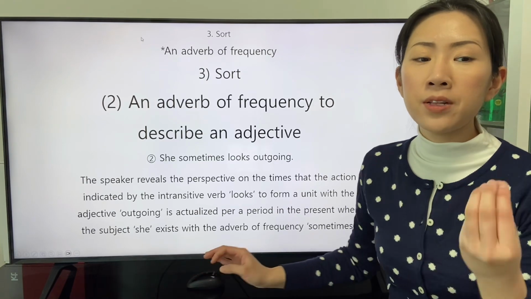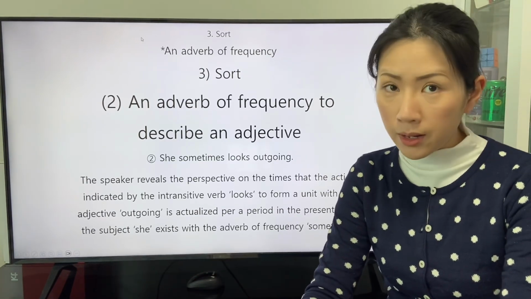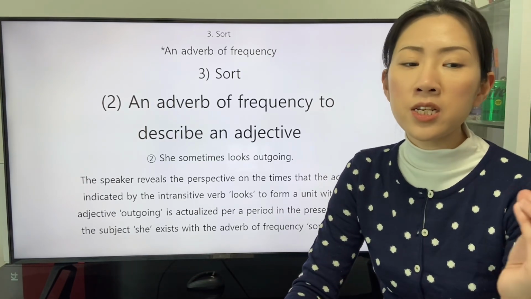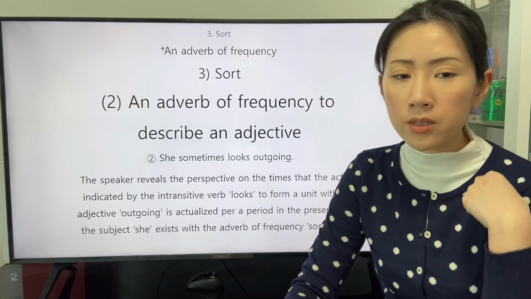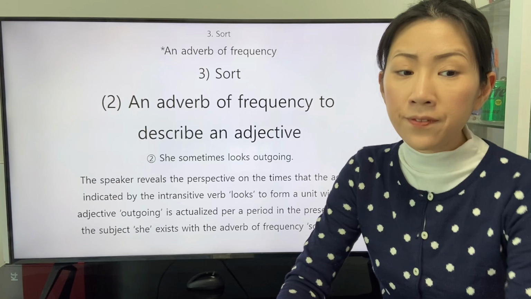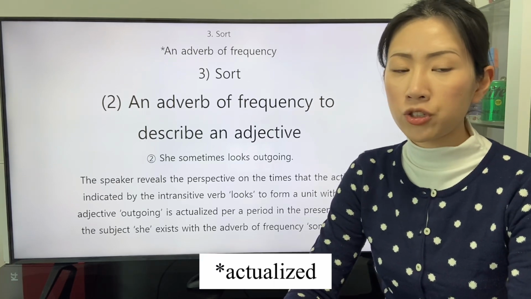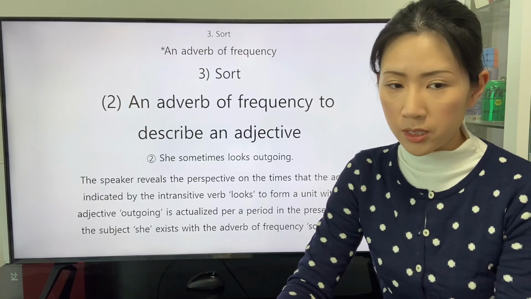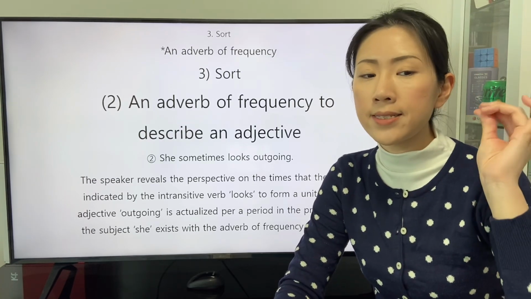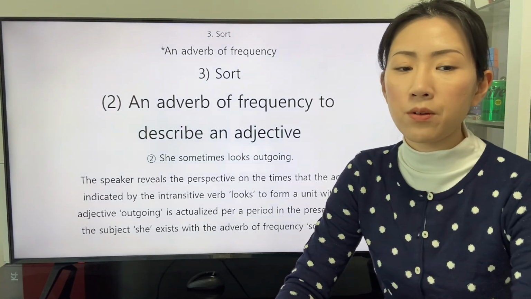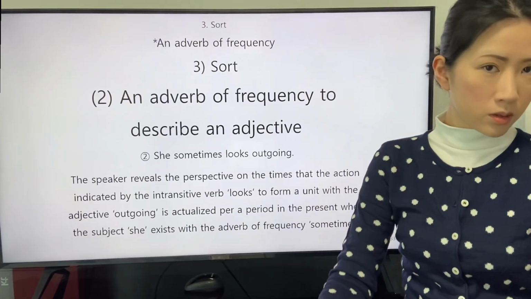The speaker reveals the perspective on the times that the action indicated by the intransitive verb looks to form a unit with the adjective outgoing is acted per a period in the present when the subject she exists, with the adverb of frequency sometimes.